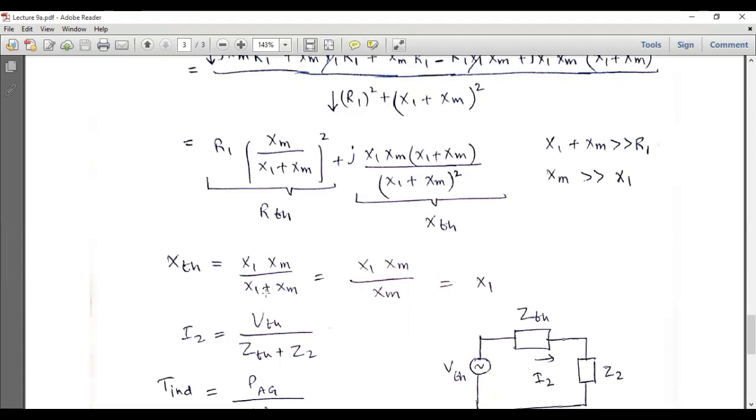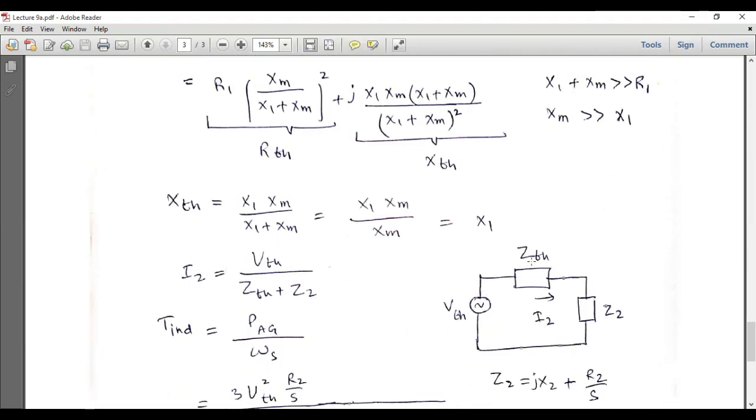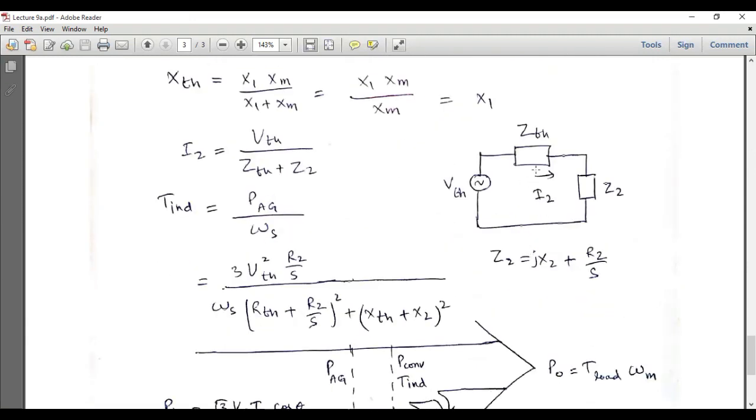Again, Xm is very much greater than X1, so this X1 will be ignored and we will get X1 Xm over Xm. Now these two Xm's will be cancelled out and at the end we will get X Thevenin equal to X1.